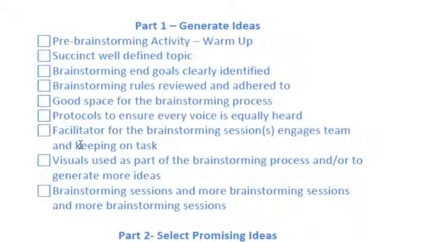And this is a group effort, not a single-person effort. And then you have to look at protocols to ensure every voice is equally heard. And I believe we have some protocols that you will find in your week three as well.